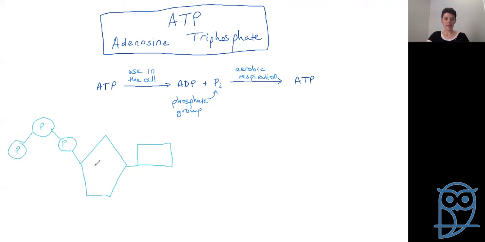So we have ribose, which is our pentose sugar. As the name suggests, our nitrogenous base is adenine. And triphosphate, we have 3 phosphate groups.